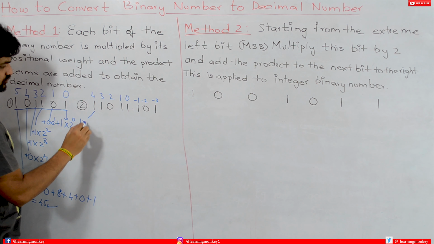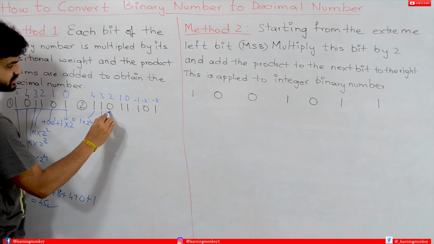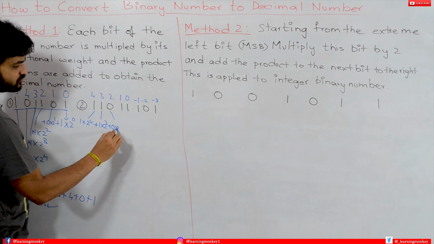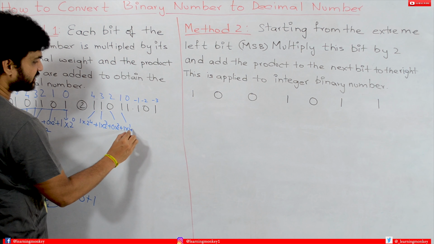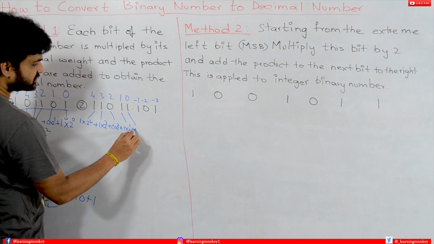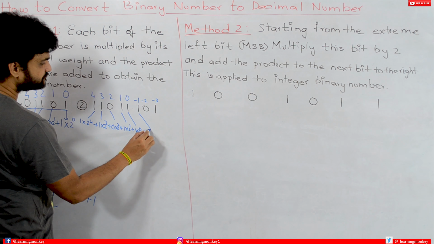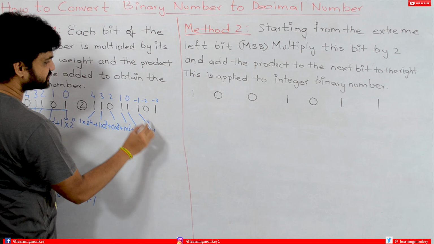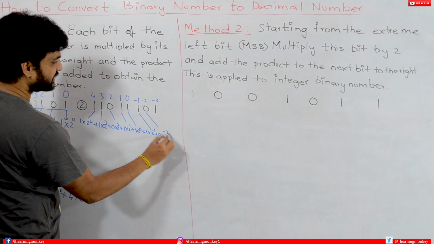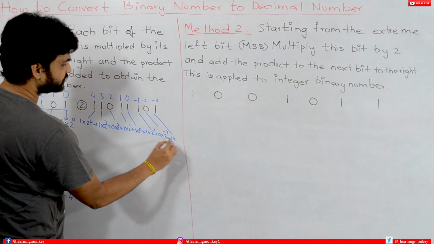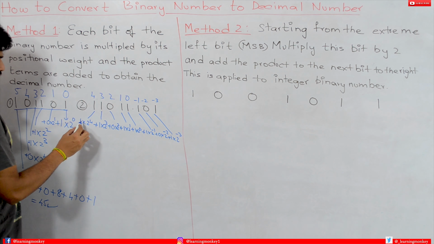It is 1 into 2 power 4, plus 1 into 2 power 3, plus 0 into 2 power 2, which is 0, plus 1 into 2 power 1, plus 1 into 2 power 0, plus 1 into 2 power -1, plus 0 into 2 power -2, and similarly 1 into 2 power -3. So what are these values?